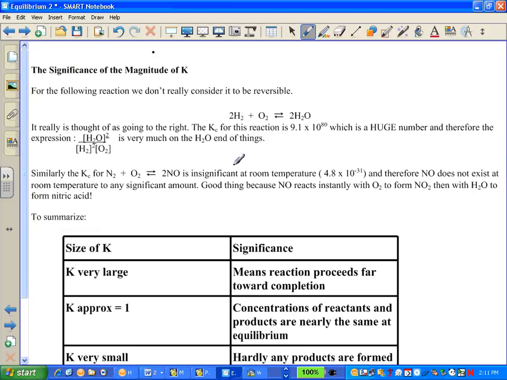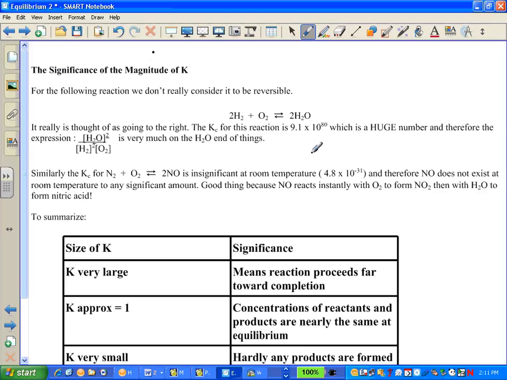The next piece of this lesson is to look at the magnitude of K, okay, and the significance of the actual size of K that we're dealing with. Let's consider these two reactions. First of all, let's consider the reaction of forming water molecules from H2 and O2.